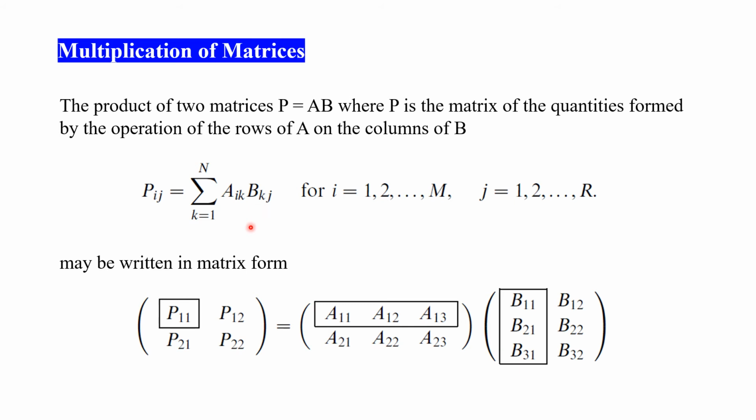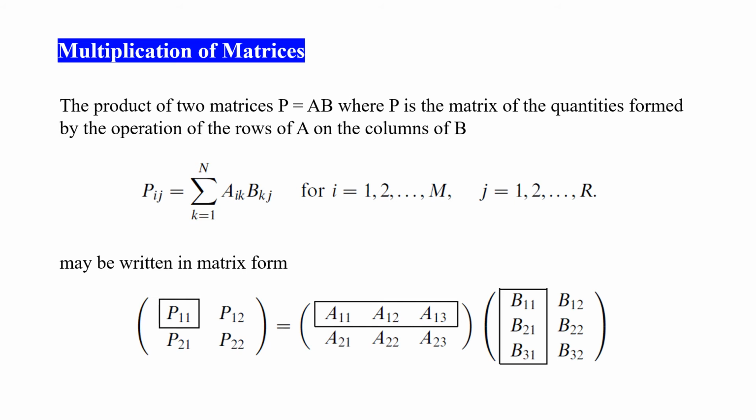And it may be written in matrix form as the following. So your matrix P, which is the matrix of the quantities formed by the operation of your A and B, has these elements. But before that, let's look at, for example, this one here.